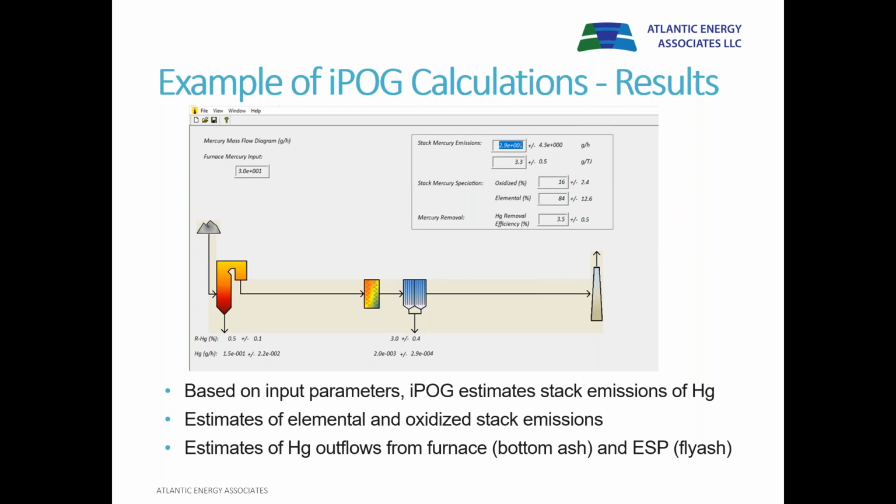It is capable of predicting the amount of oxidized mercury and elemental mercury, the mercury speciation, and then gives the user mercury removal, as expected in this case with only the ESP, fairly poor, less than 4%.